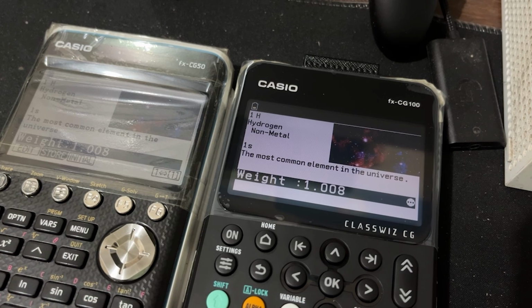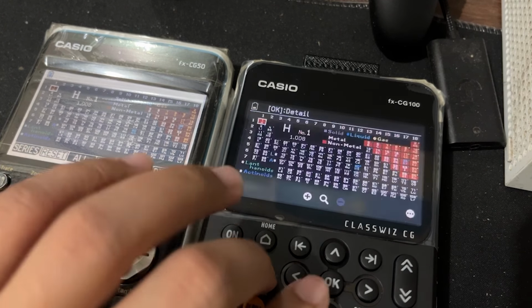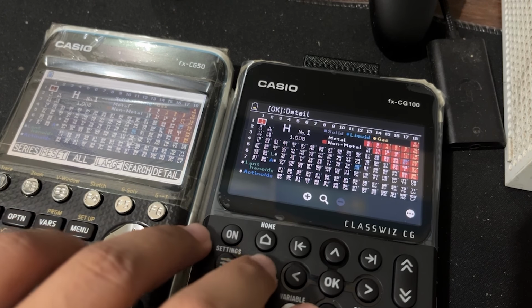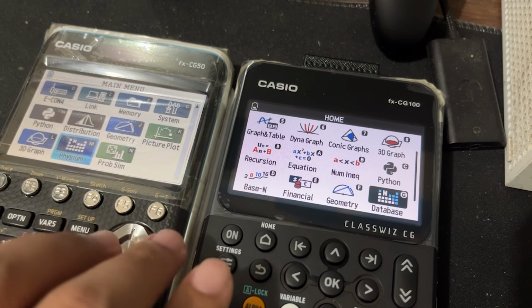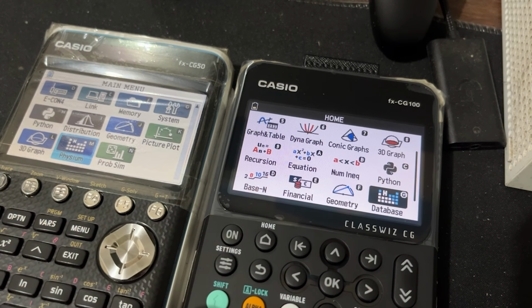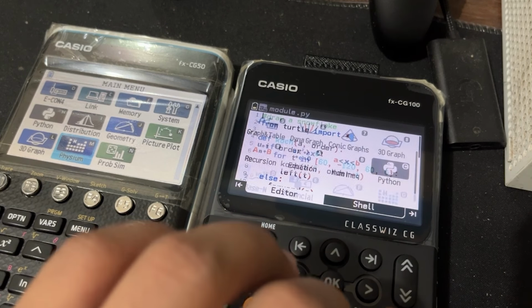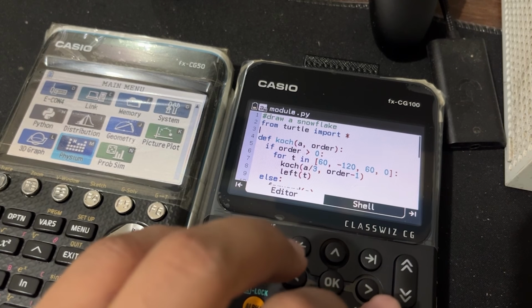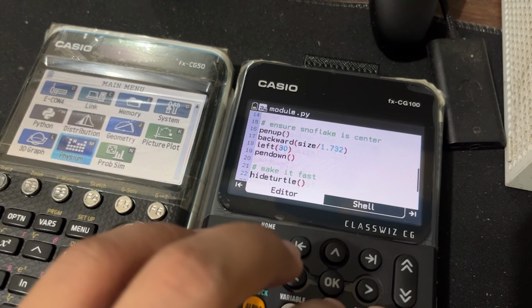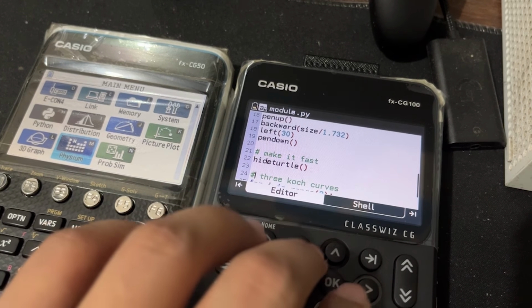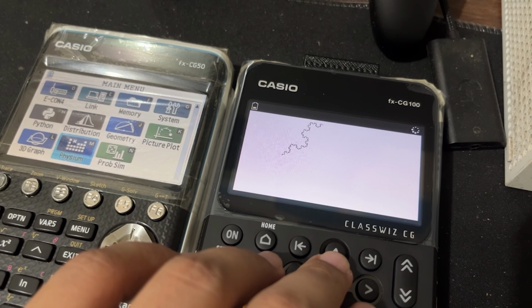Anyway, let's figure out why. This is the coolest part. You have Python. Yes, there is Python. You have code on it. Snowflakes. Okay, you want to look at the shells. Execute.